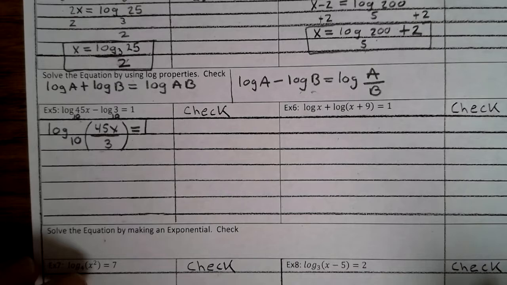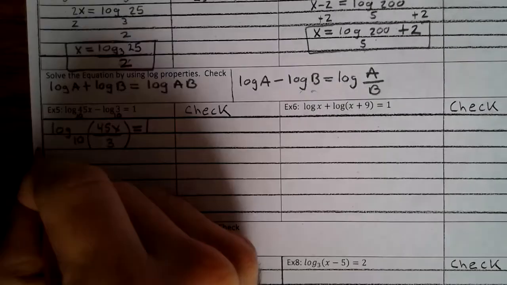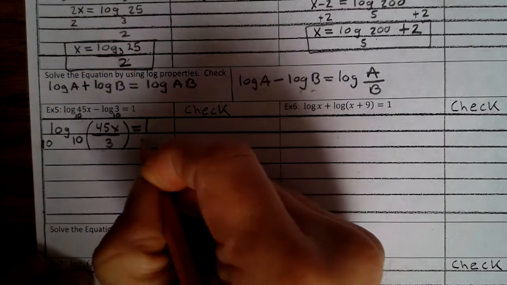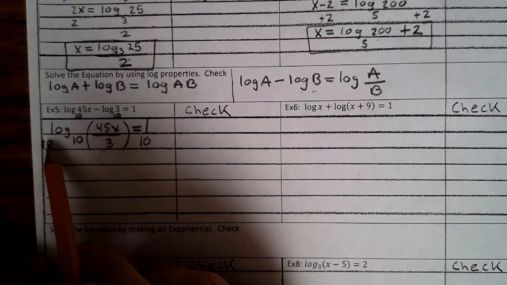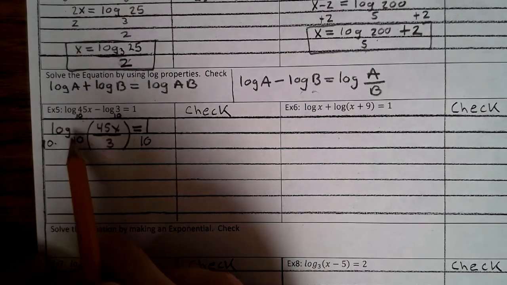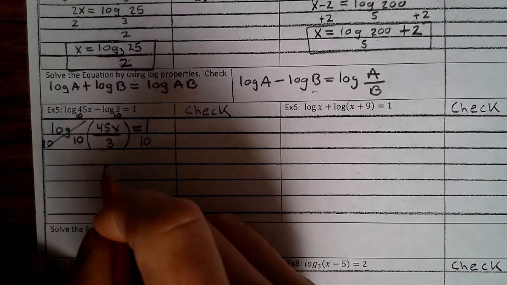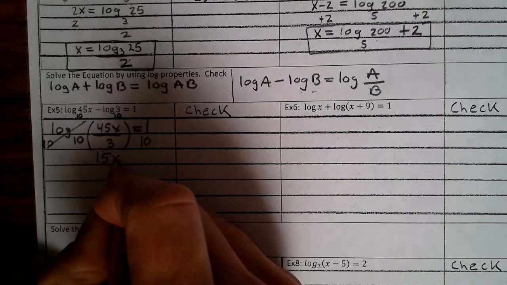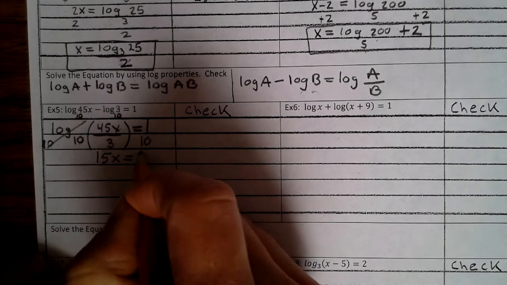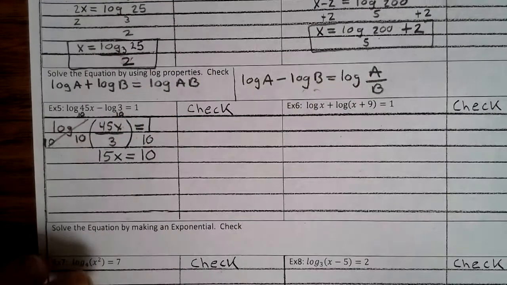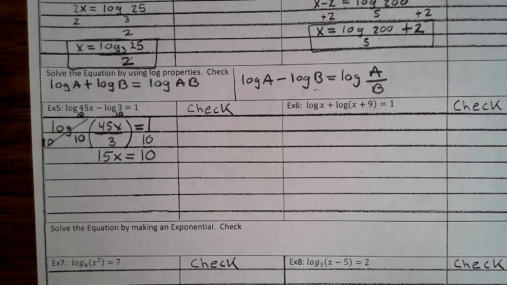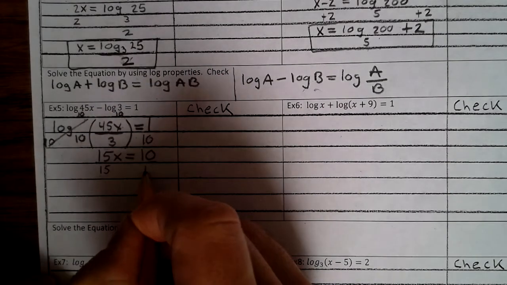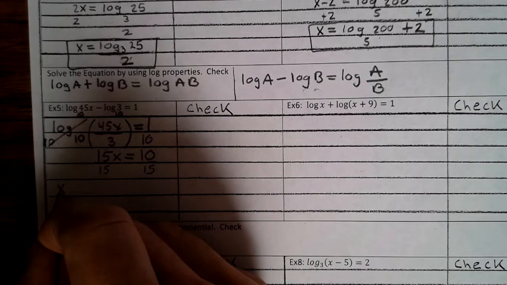So this base is 10, and this base is 10. The reason is 10 raised to the log base 10 becomes 1. So you're left with 45x divided by 3 is 15x equals 10 to the first power, which is 10. Okay, we're going to divide both sides by 15. So x equals 10 divided by 15, which reduces to 2/3.